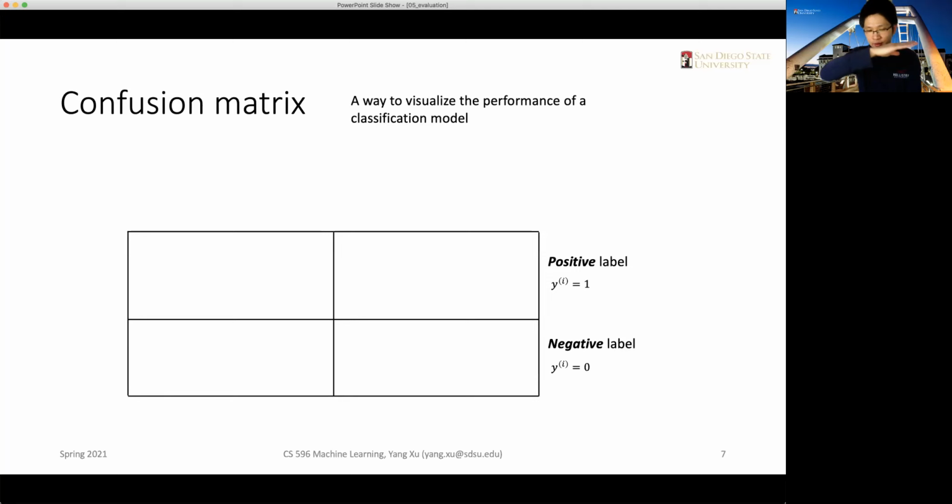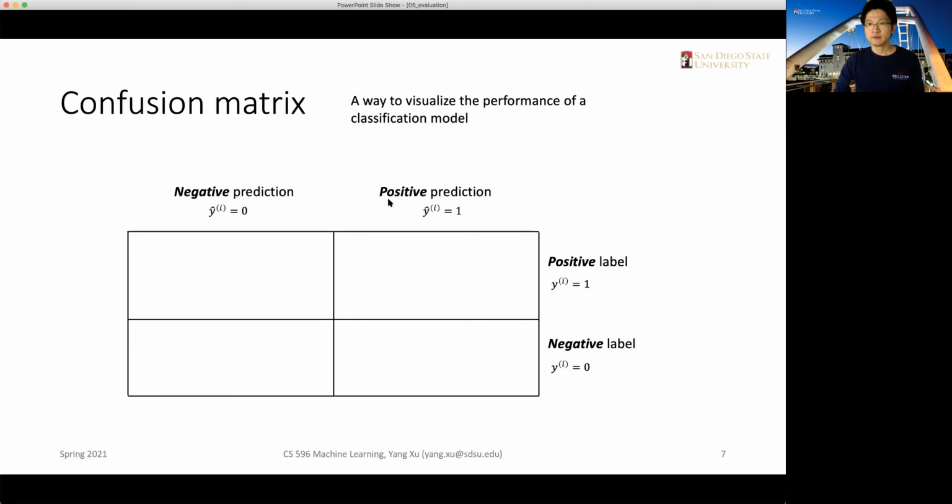The first row contains all the data points that are actually positive, which means they have the actual positive label, and the second row holds the actual negative data points.